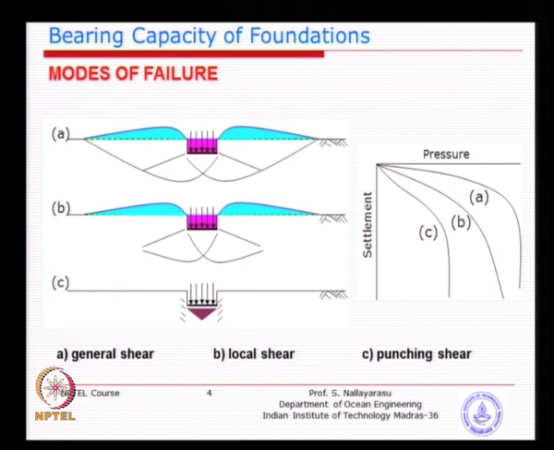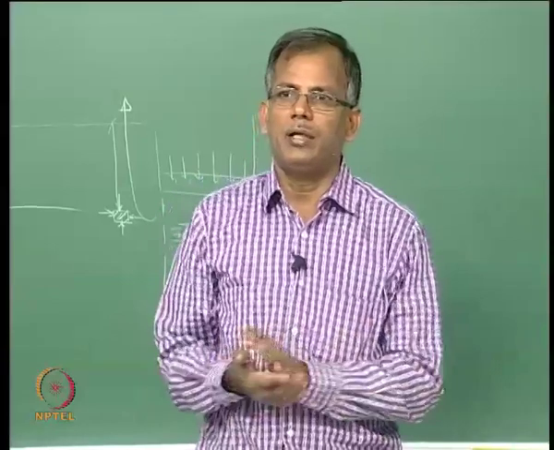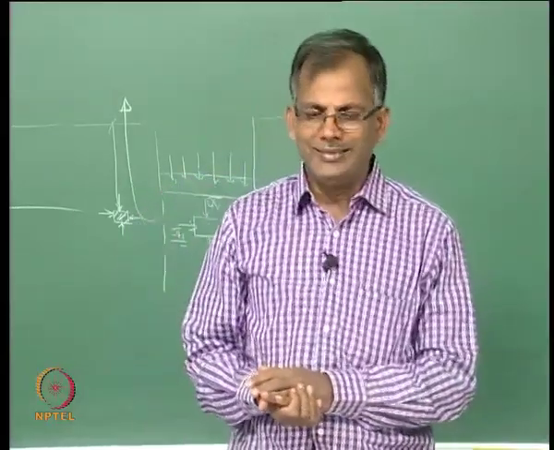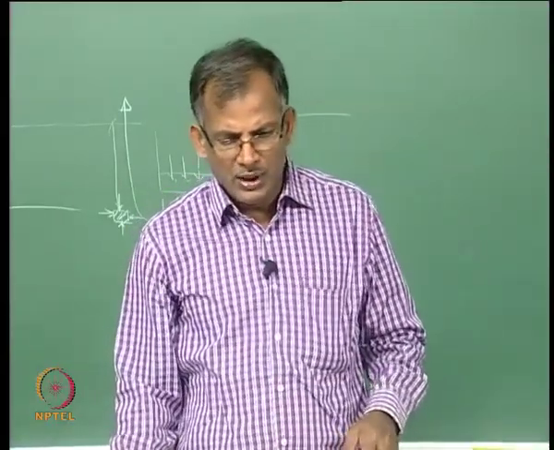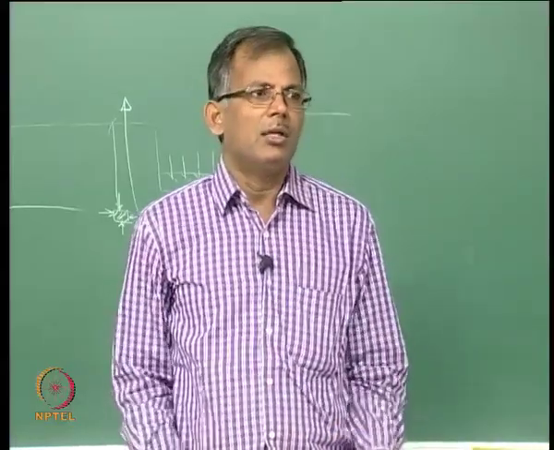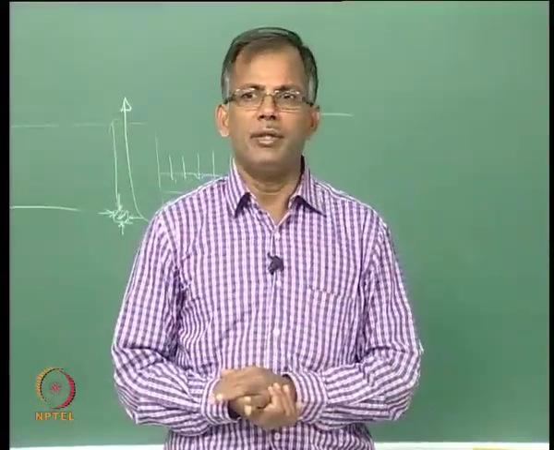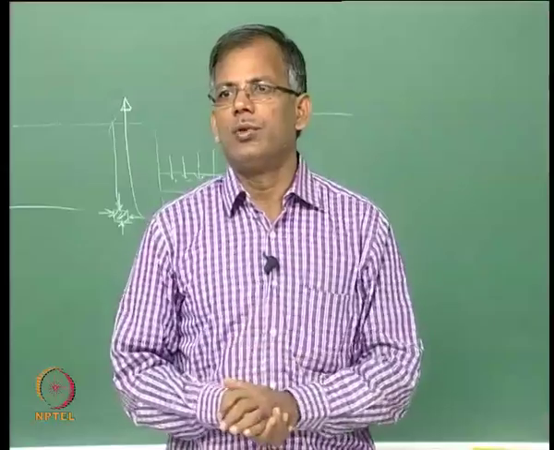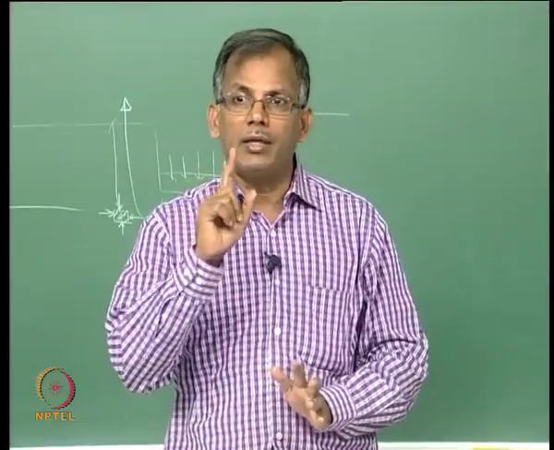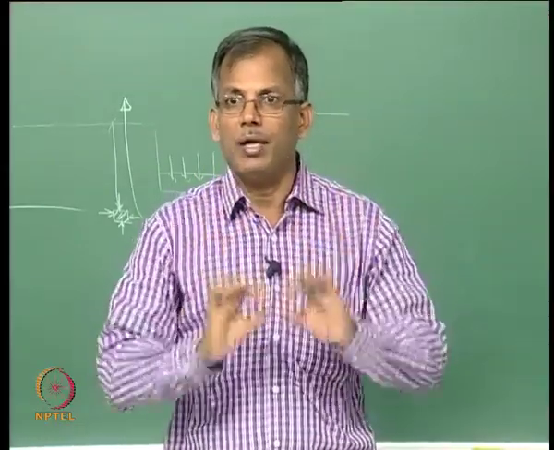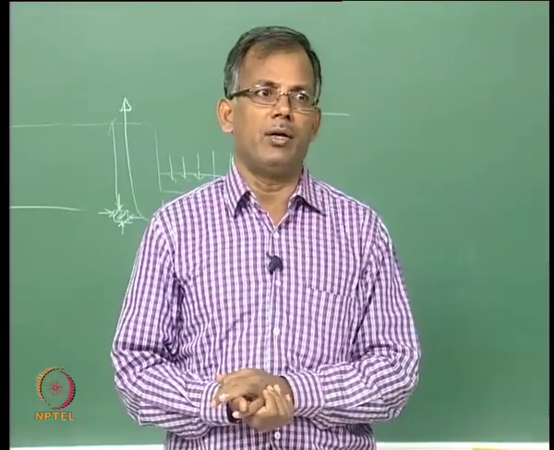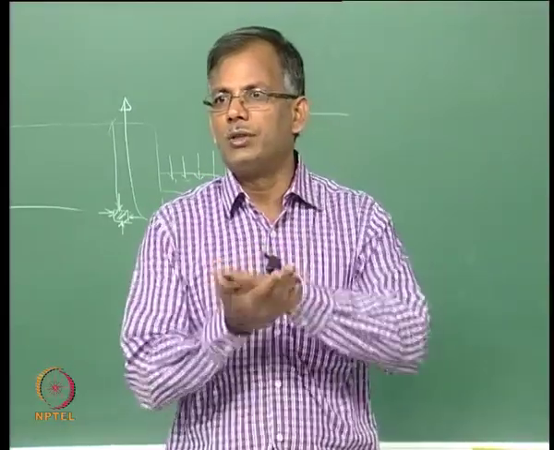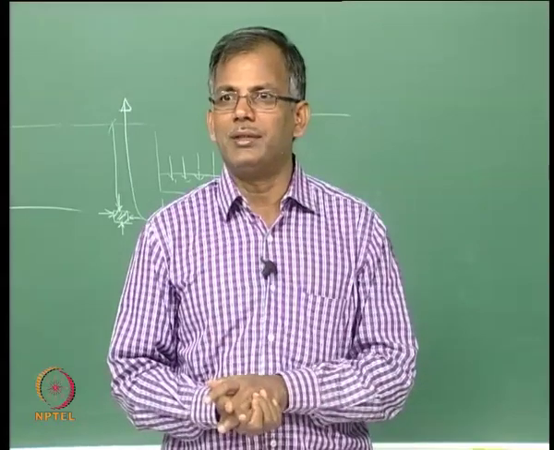The soil is getting compressed, it is exerting lateral pressure on the soil beneath on the sides, and because it does not have sufficient strength, the soil is heaving away, and that means the foundation is going to settle. At a certain point it will find an equilibrium and then stop, and that is the point we are interested in finding out: when it stops, how much is the settlement, how much is the bearing capacity.